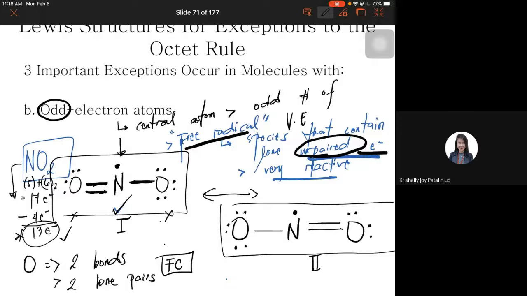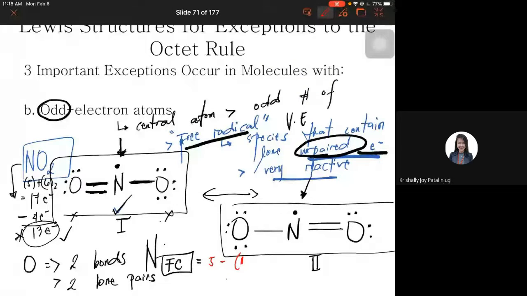Let's start with nitrogen. What is the formal charge of nitrogen? The nitrogen in structure 1 and structure 2 is the same. It has three bonds and one lone electron. So when you get the formal charge of nitrogen in structure 1, it is also the equivalent formal charge of nitrogen in structure 2. Nitrogen has 5 valence electrons minus its one lone electron.